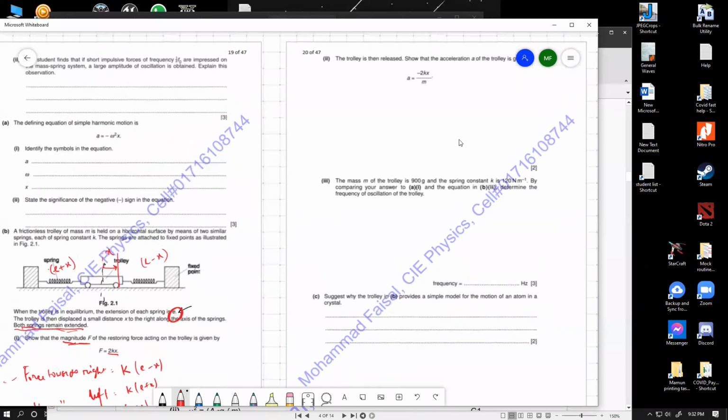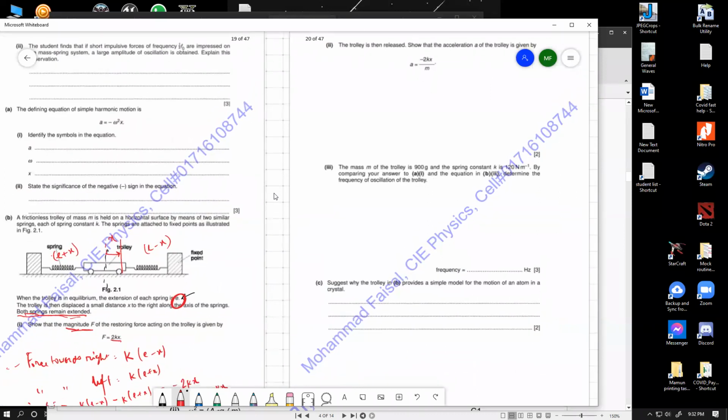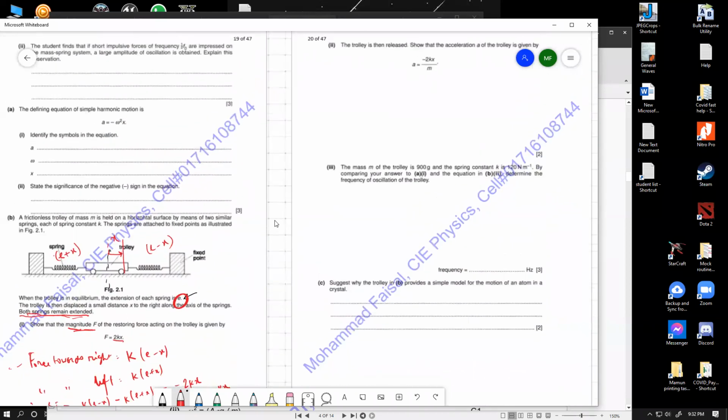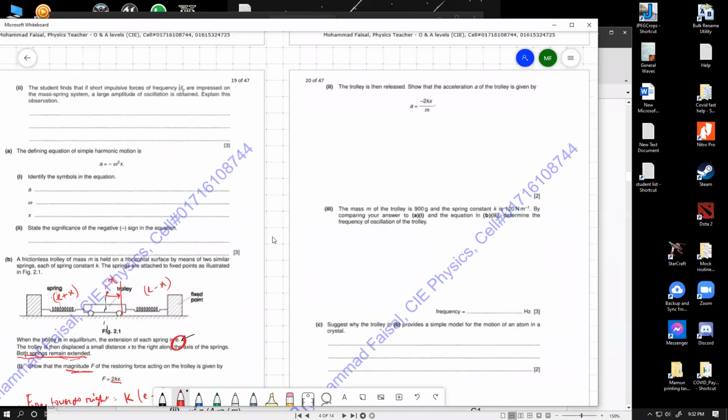Why are there 2 marks in this? I mean, isn't it right? F equals ma, F equals minus 2kx, ma equals minus 2kx, a equals minus 2kx by m.